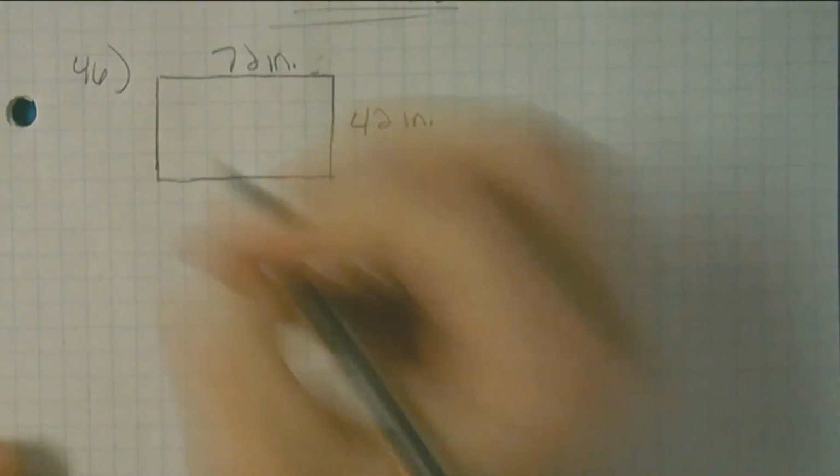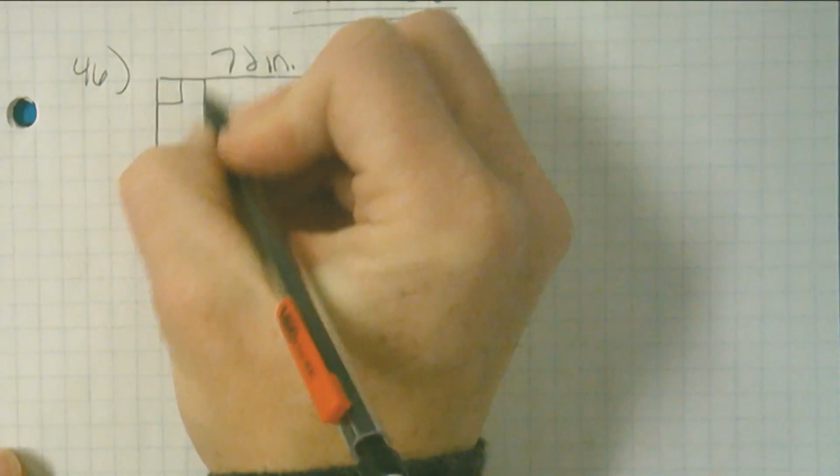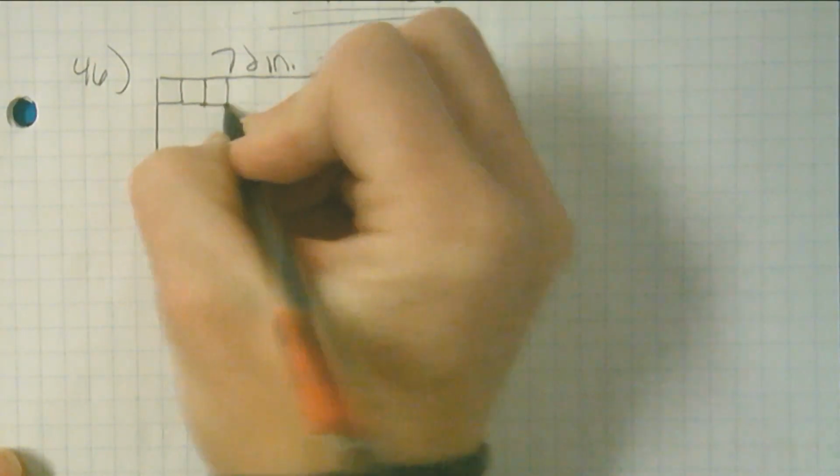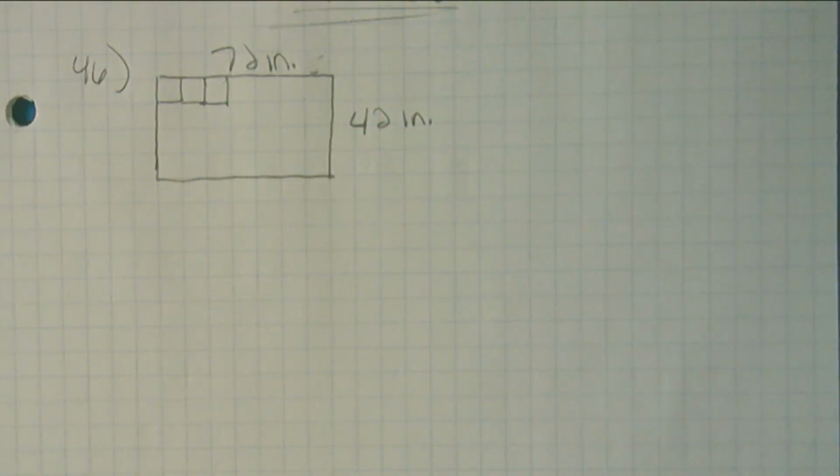All right, and we're doing square tile. So something like this. All right, assuming that you want to cover the space exactly without cutting a tile, what is the greatest side length you can use for the tiles?